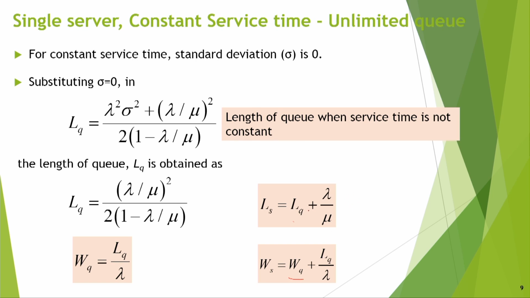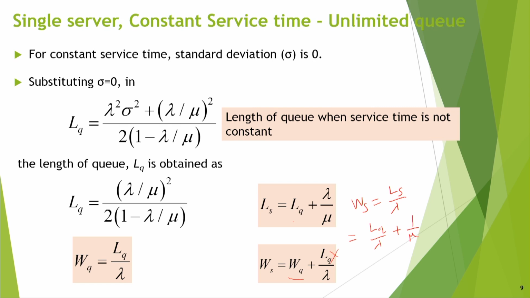This has to be corrected. WS by Little's formula again, WS is equal to LS by lambda. You have to say LS by lambda. So, LS by lambda will become LQ by lambda plus 1 by mu.